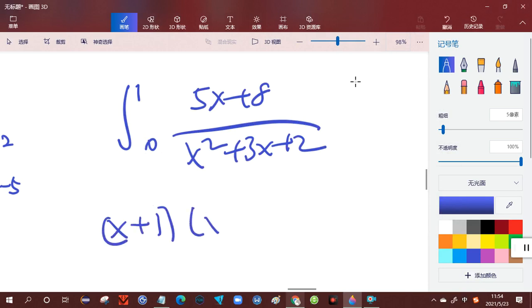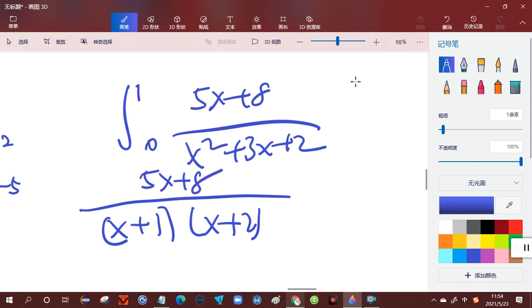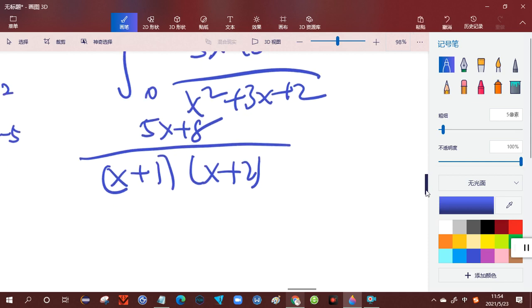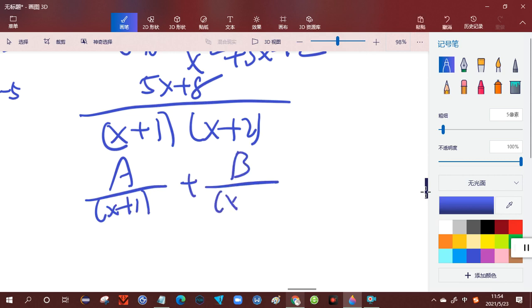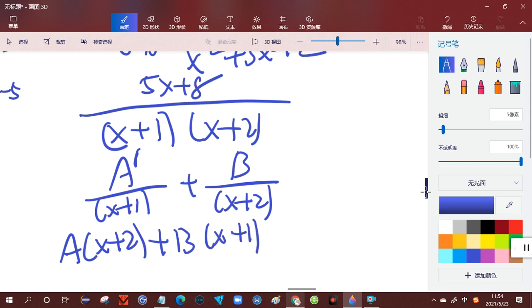We can substitute them into this, and then further simplify them into this.